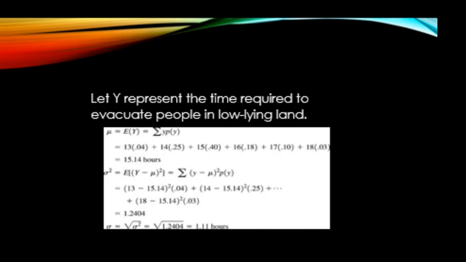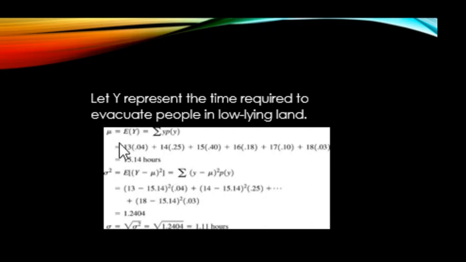Okay, so here is the distribution: evacuation time to the nearest hour, and its probability distribution. Here you can see 13 hours, 4%, 14 hours, 25%, 15 has the maximum of 0.4, and then again it decreases. So we need the mean and the standard deviation first.